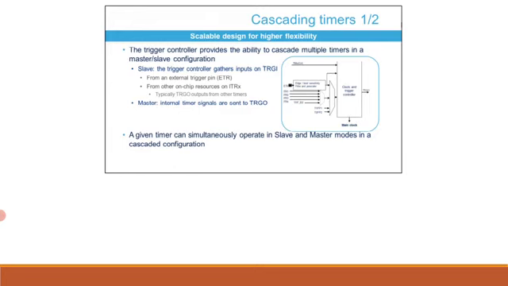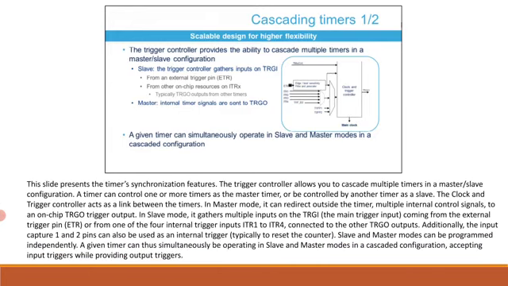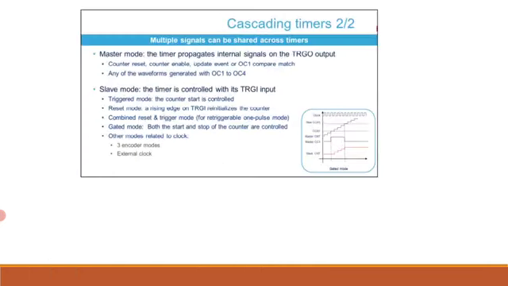Next, we'll move on to the operating modes and the signals exchanged between timers. In master mode, 8 options are given for selecting the trigger to be sent on the TRGO output.